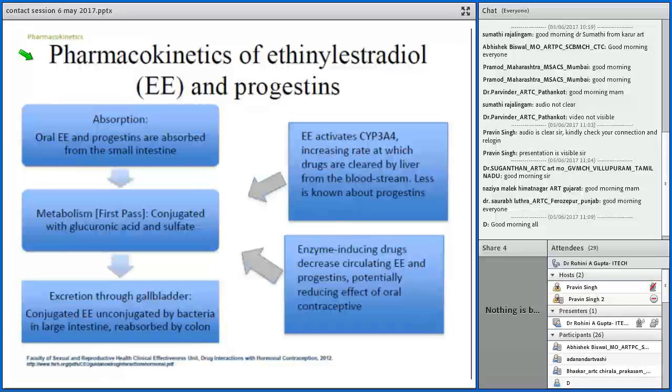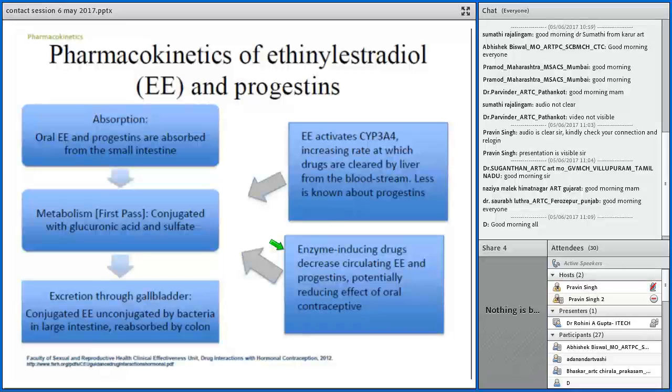So first we talk about oral contraceptives. Oral contraceptives are either estradiol or progesterone products. And the most important thing we must know is that ethinyl estradiol activates the CYP3A4 pathway. It's a liver inducer.